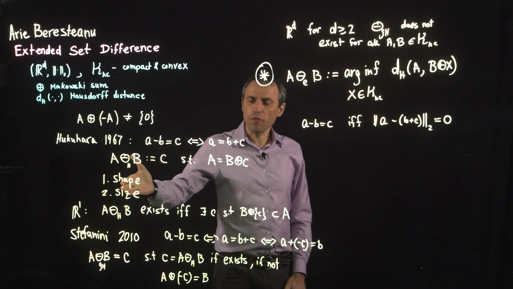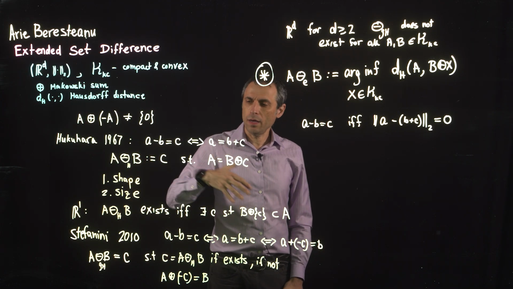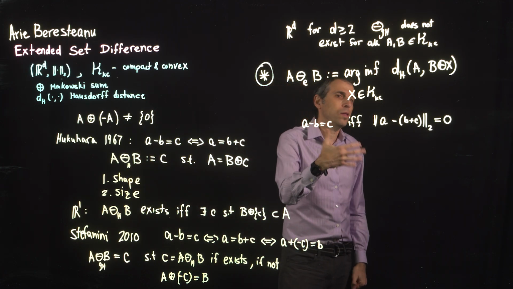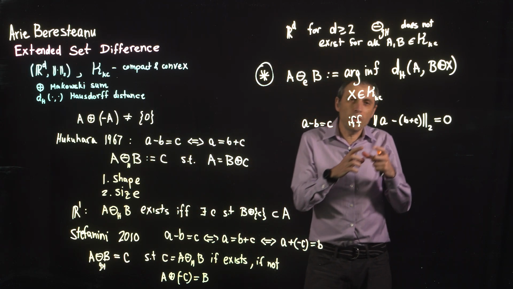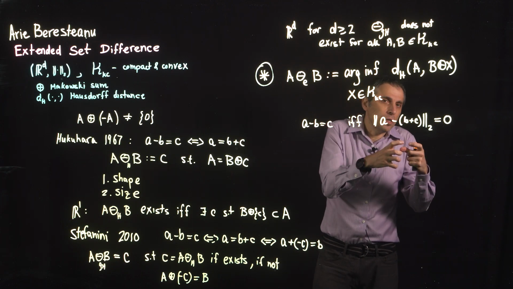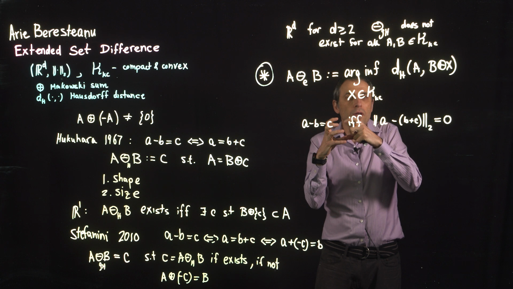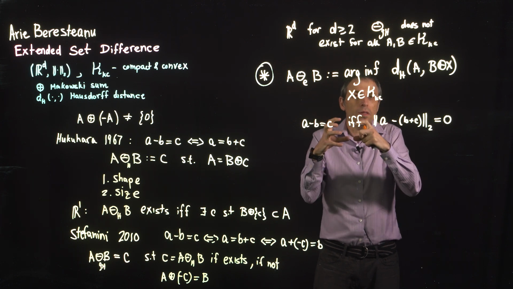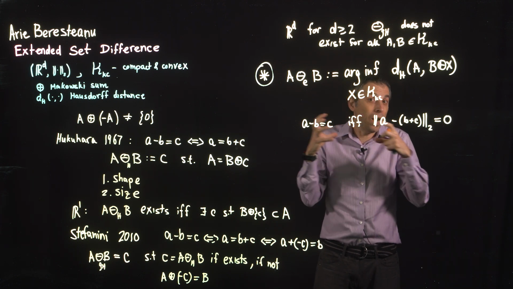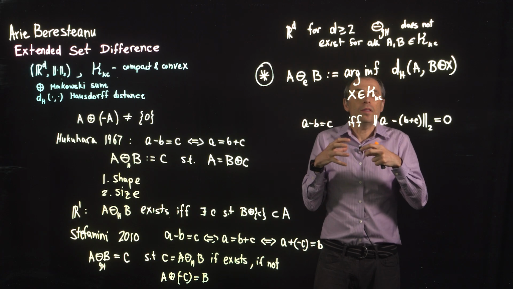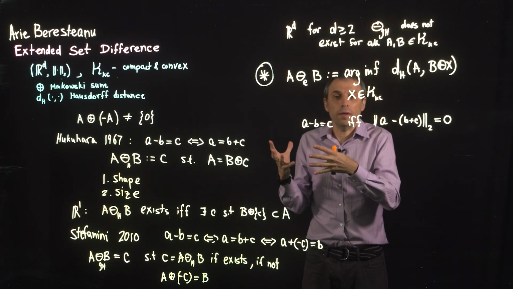If we are trying to subtract a circle minus a square, we will find something to add to the square that will bring it into the circle or overlapping the circle in a way that will minimize the Hausdorff distance between the new B plus X and A.